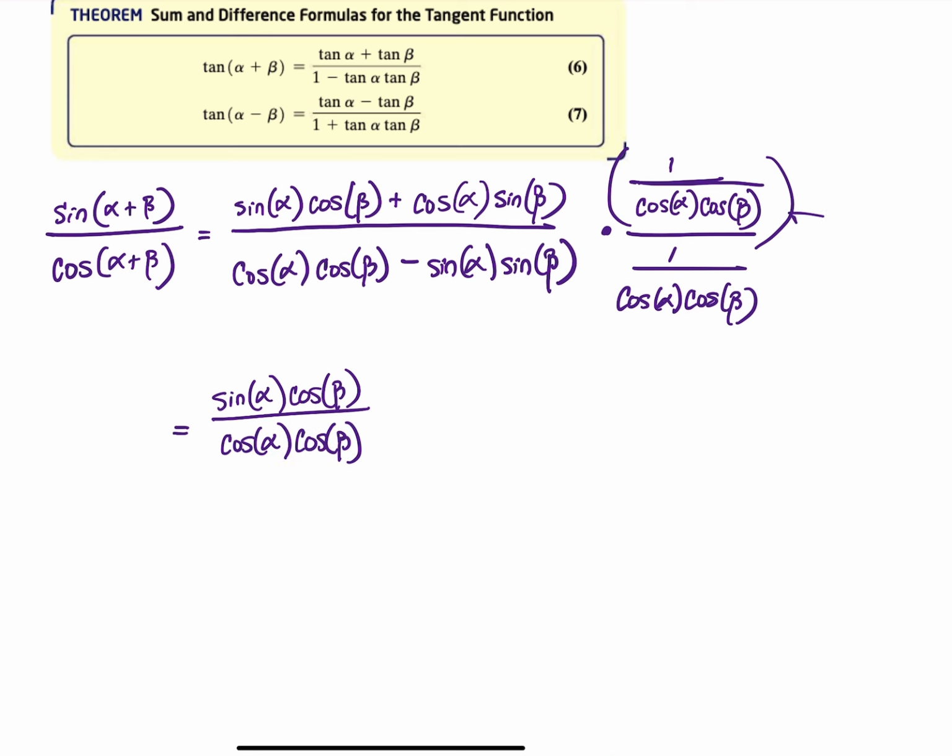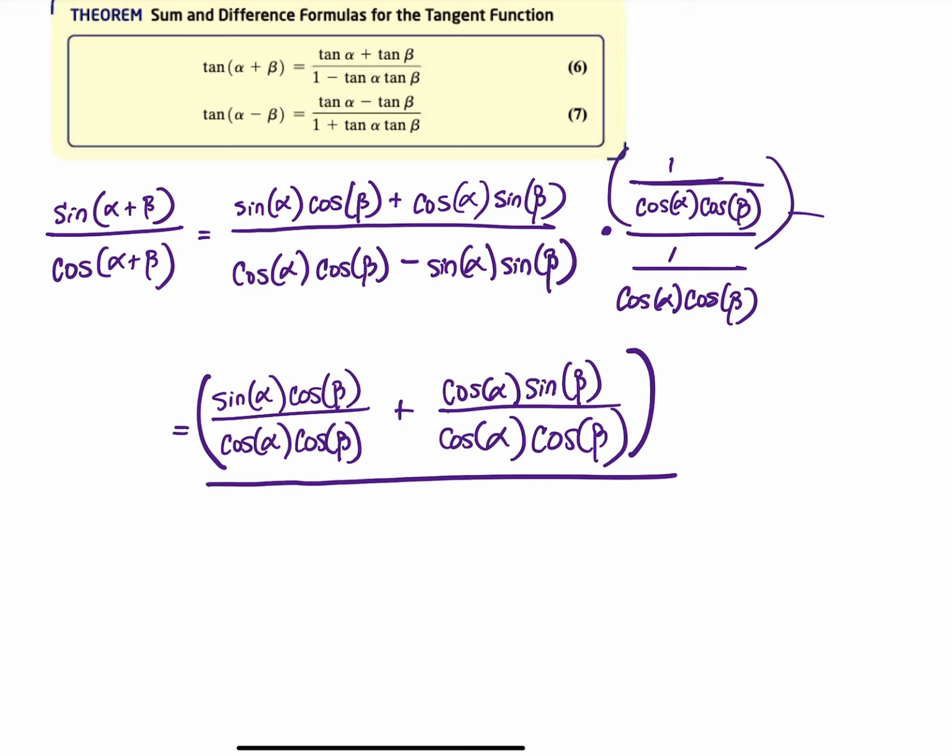So over this denominator, plus our second term in the numerator was cosine alpha sine beta. This will also now be over cosine alpha cosine beta. So that's just our numerator.